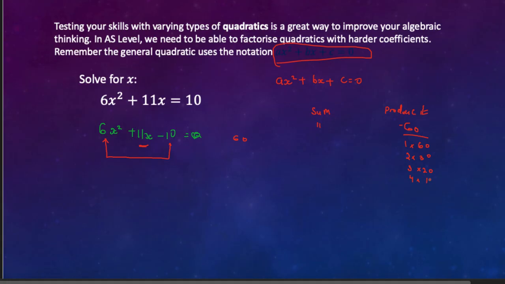All right. So if you look at 4 and 15, you realize that these ones, if we give one a negative, a minus, when added together we can get 11. So basically, 15 minus 4 is 11. Okay, so that means our factors for this equation will be negative 4 and 15.